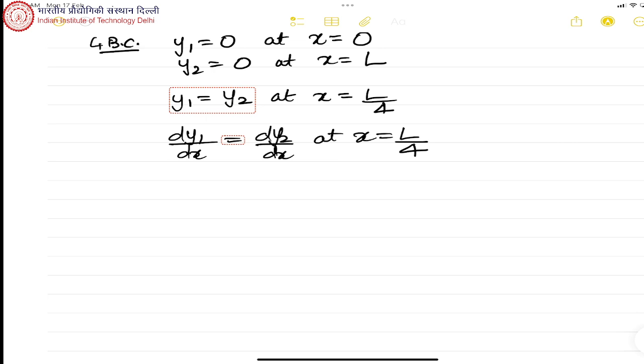Okay. So I think all of you should be able to solve these. This should be straightforward.